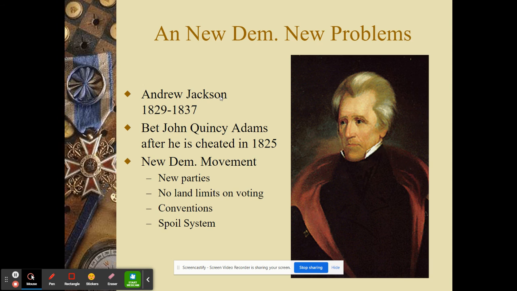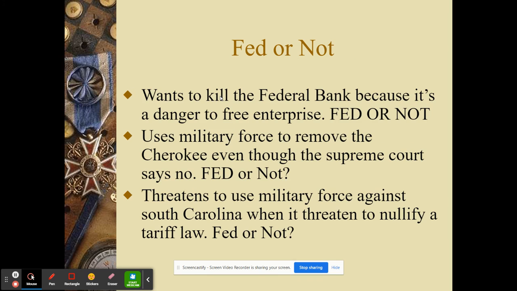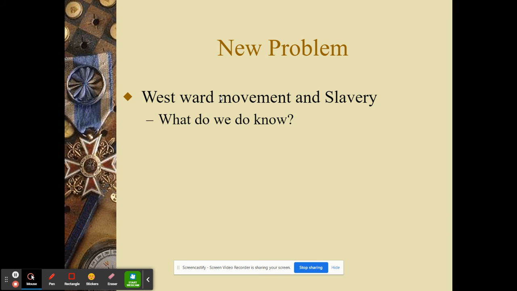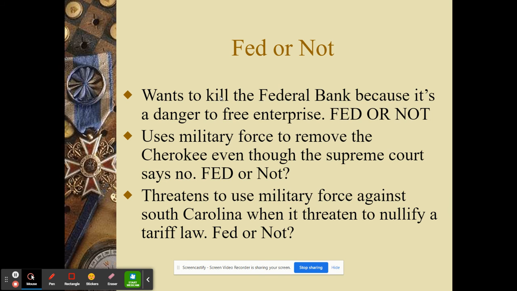So now we get Andrew Jackson, who's a rough and tough Westerner. And we'll talk more about him. And there's a lot of things about federalism and anti-federalism. One, he's going to kill the bank. He sees it as anti-federalist, in that he thinks the bank is hurting farmers out west.